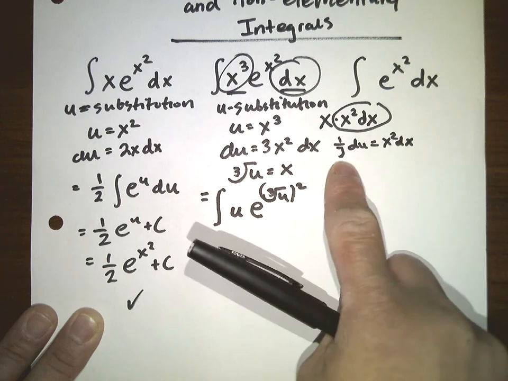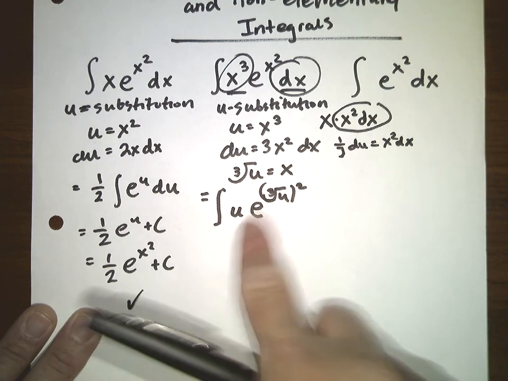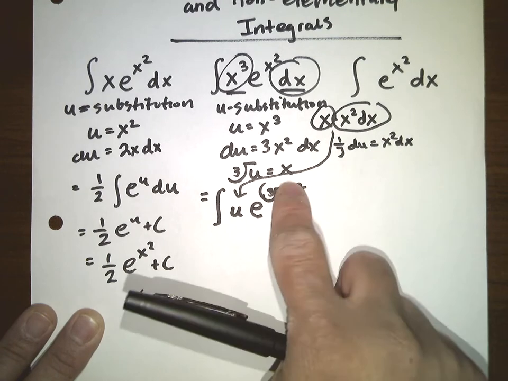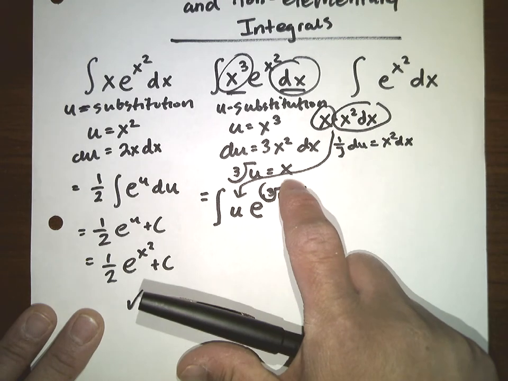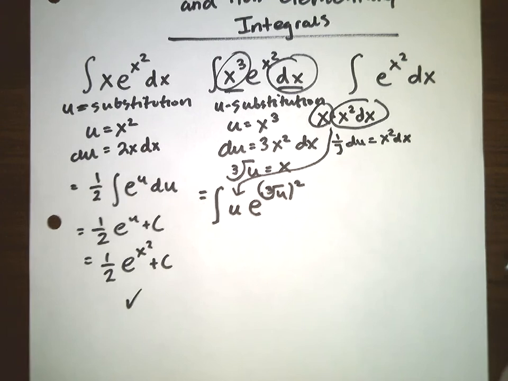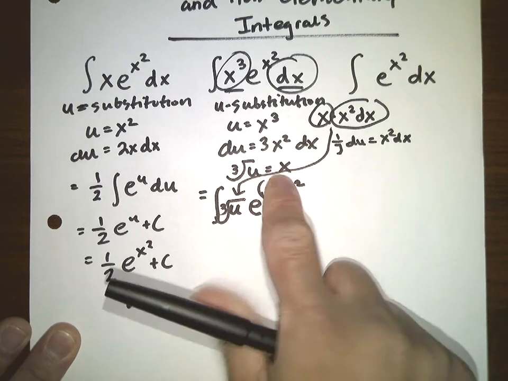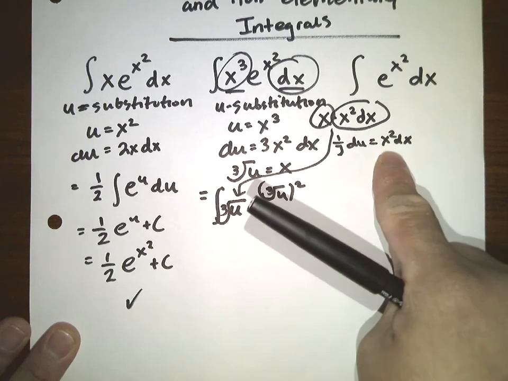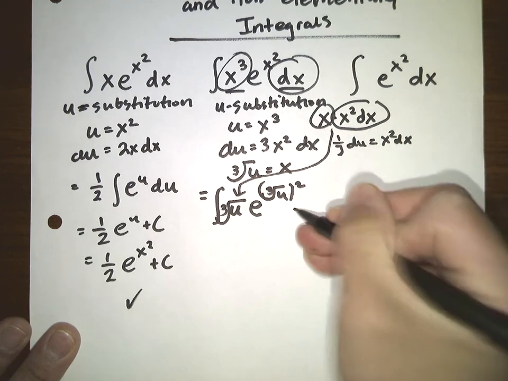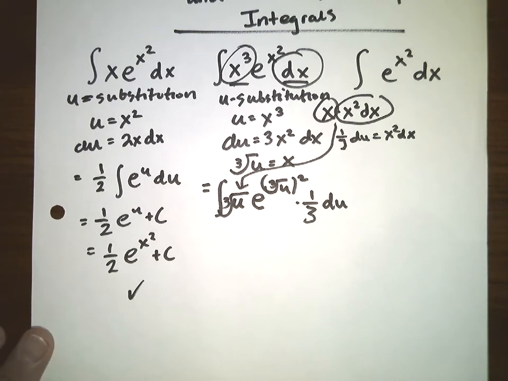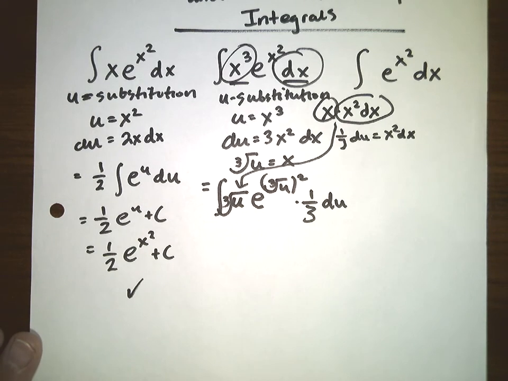So this u actually here should be just this x here, which means that it's actually to the cube root. All right, so cube root of u, and then we have 1/3 du. So hopefully this makes sense that this is not the most obvious problem here.